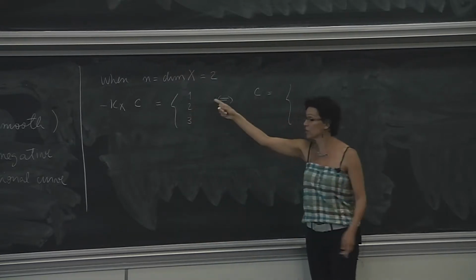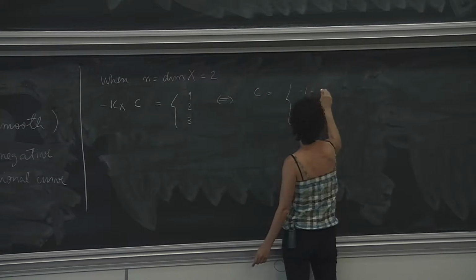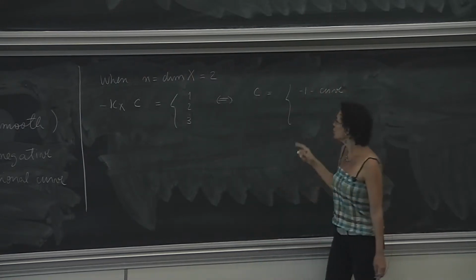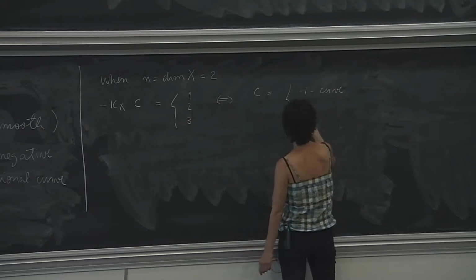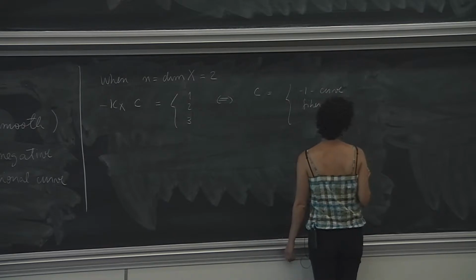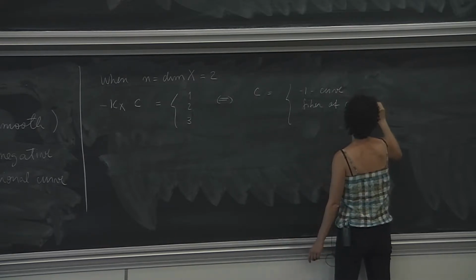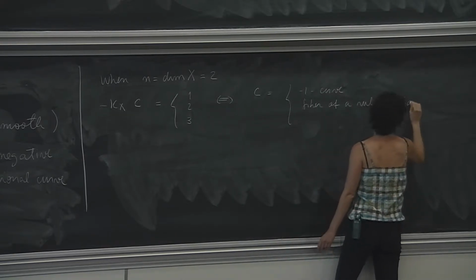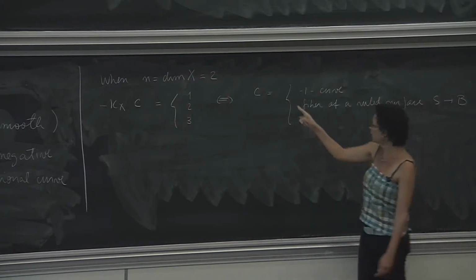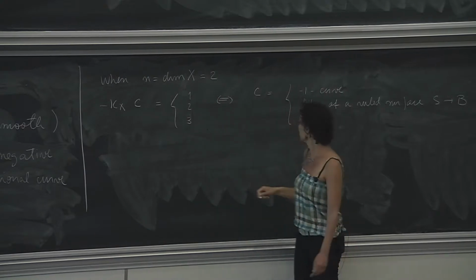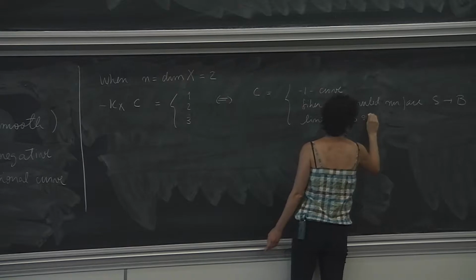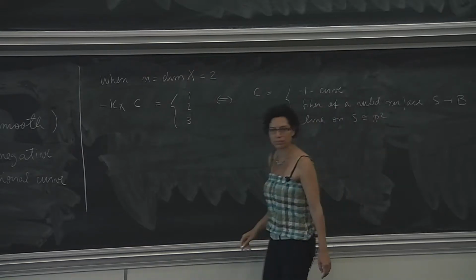If the anticanonical degree is 1, then C is a -1 curve. If the anticanonical degree was 2, C was a fiber of a ruled surface. And when the anticanonical degree was 3, C was a line in P2.